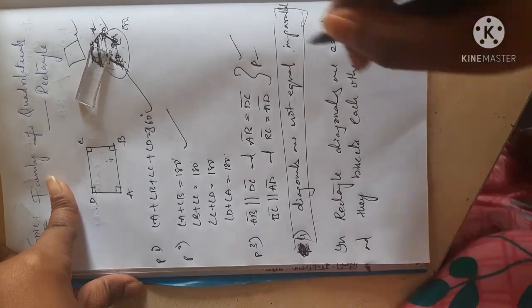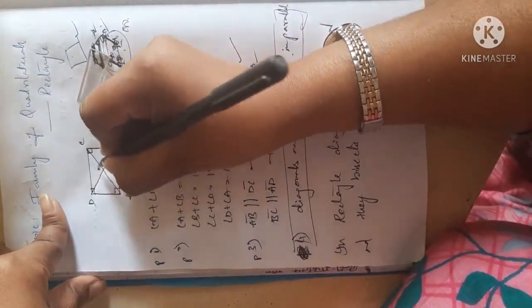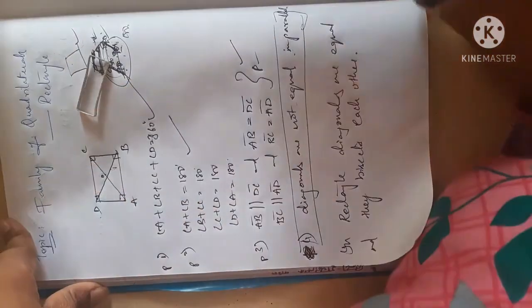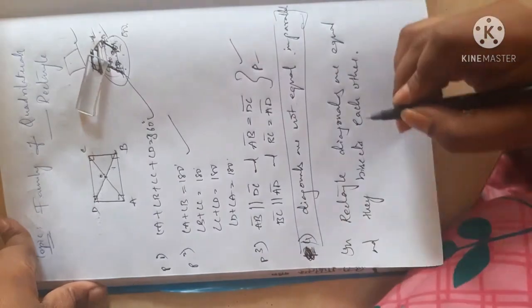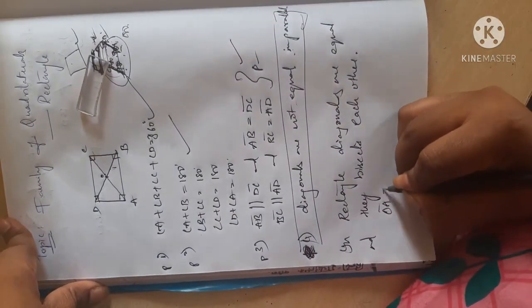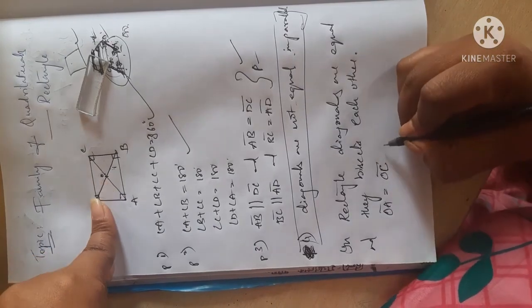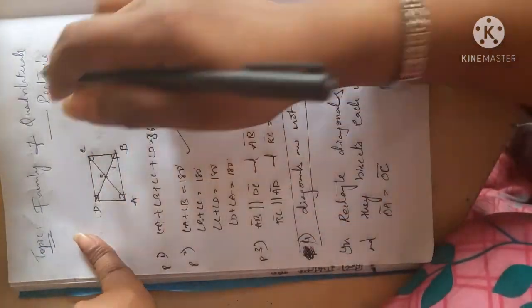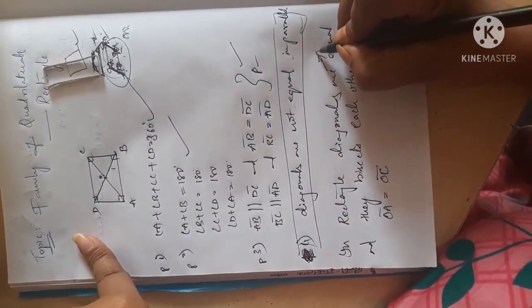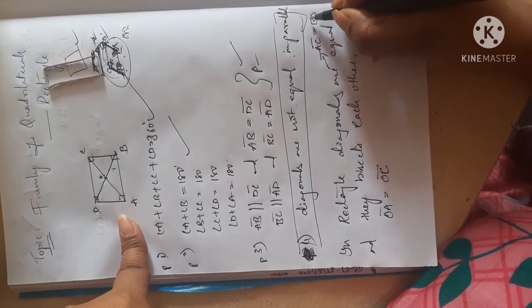Bisecting is nothing but, for example, if this is O, two diagonals are intersecting at point O. Bisecting is nothing but OA is equal to OC. And since both diagonals are equal, AC is equal to BD.